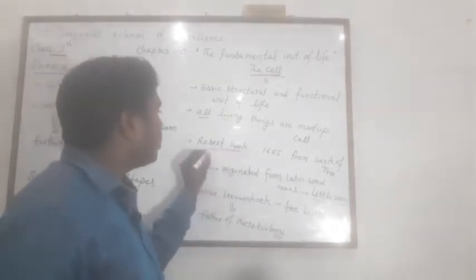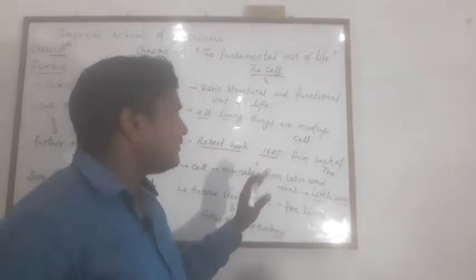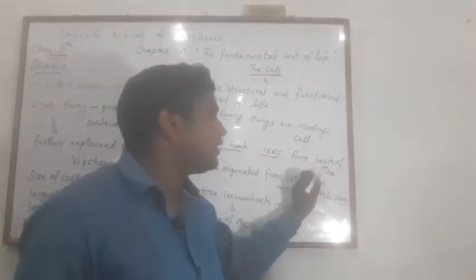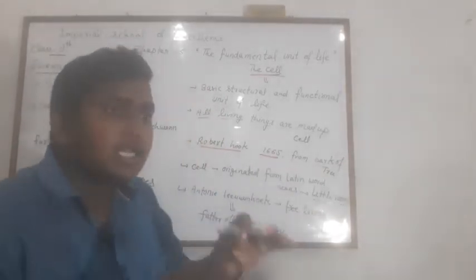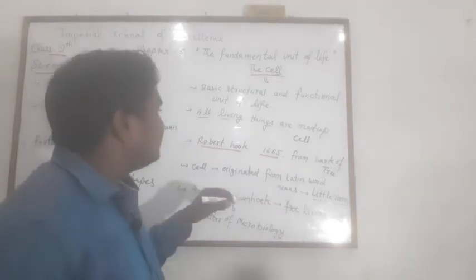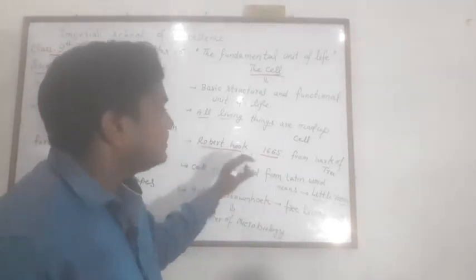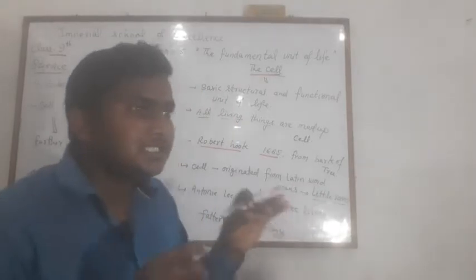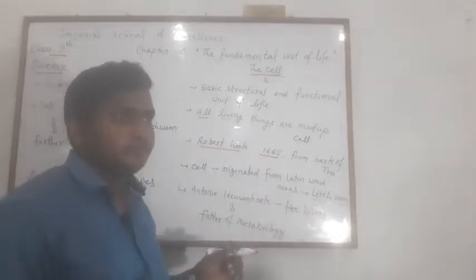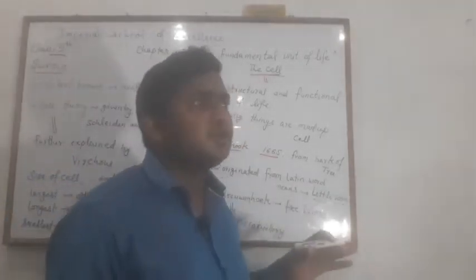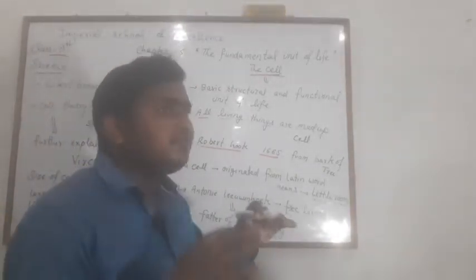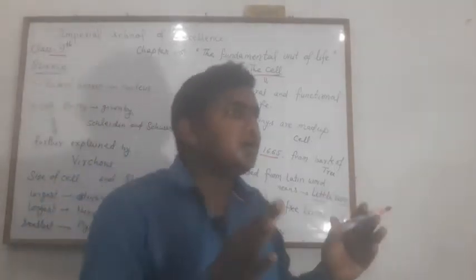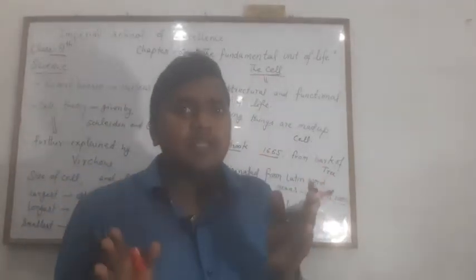So Robert Hooke in 1665 discovered the cell from the bark of tree, or you can say cork. He watched this bark of tree under a self designed microscope, and he saw a honeycomb like structure.